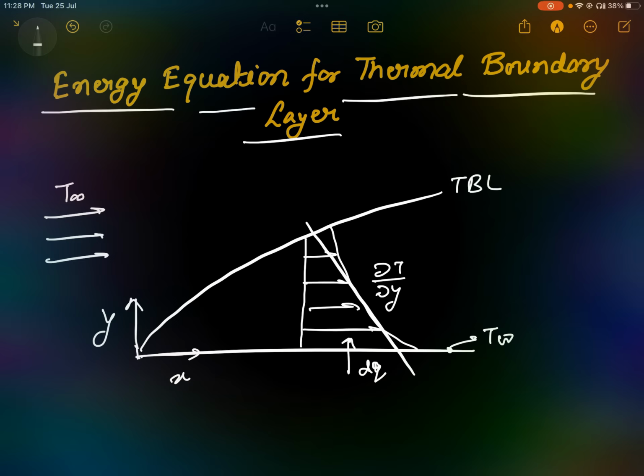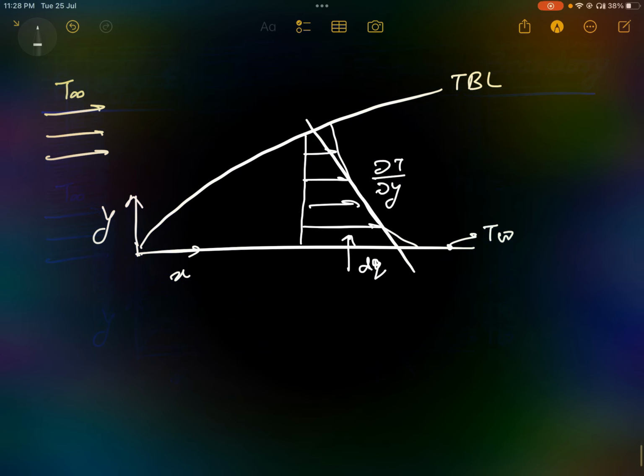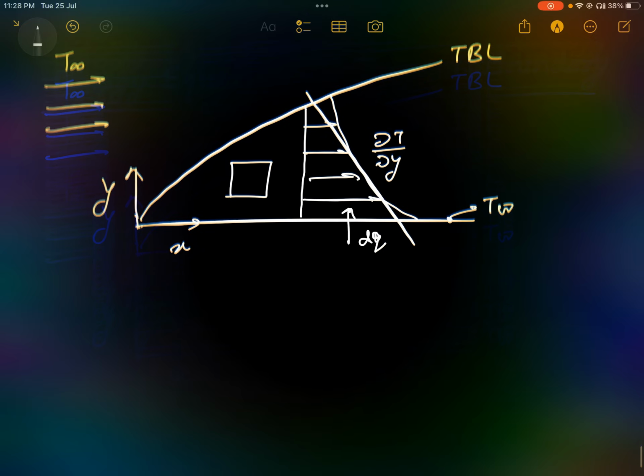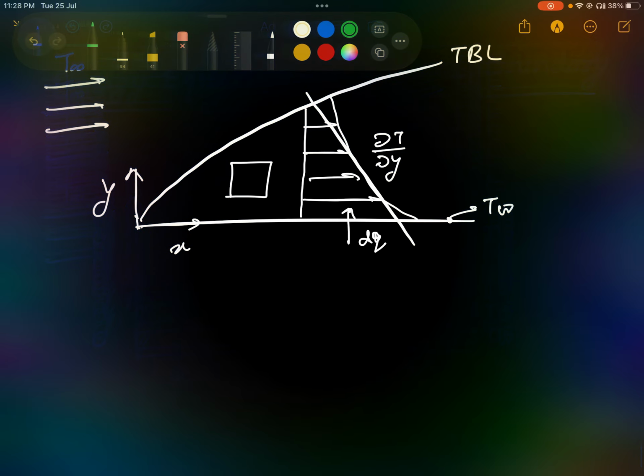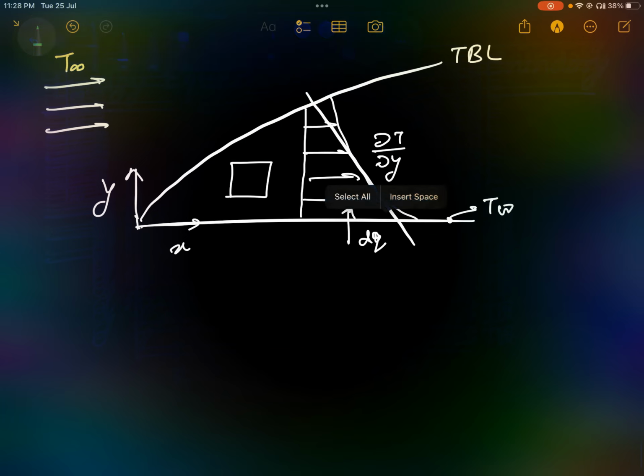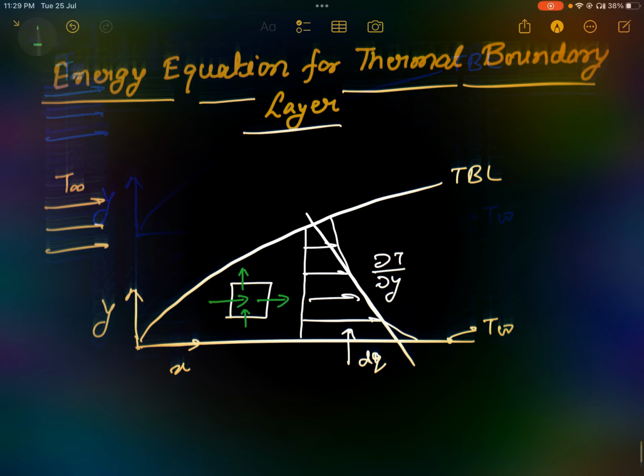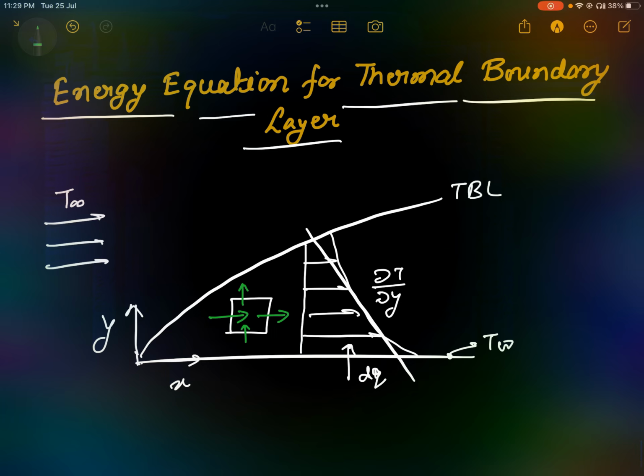So to derive the energy equation, let us suppose a fluid element here. And what are the energy interactions inside this fluid element? We'll try to understand that, because some energy is entering here and some is going out from here. Fine, that heat, and some is going from this direction and some is going outward. If I talk about the energy interaction in this fluid element, there are two types of energy interaction.